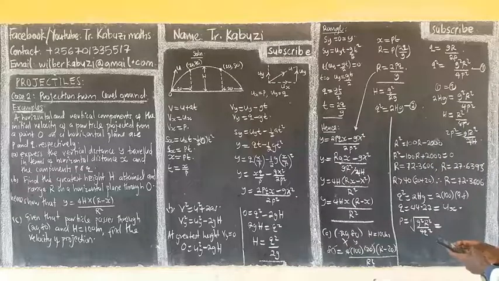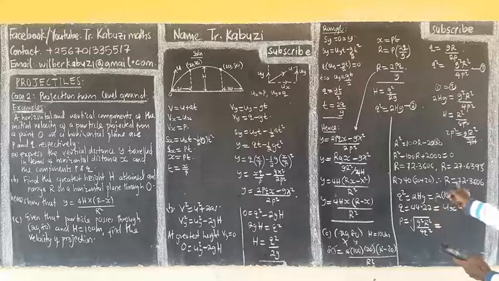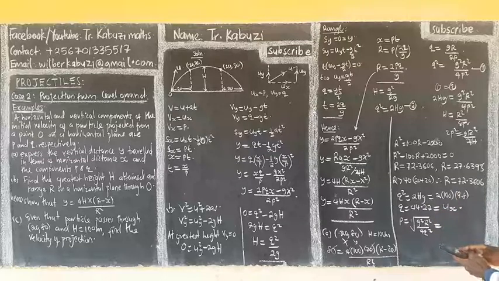Our g is 9.8 squared times r squared, where r was 72.3606 squared, divided by 4 times 44.27 squared, then the root of the answer.